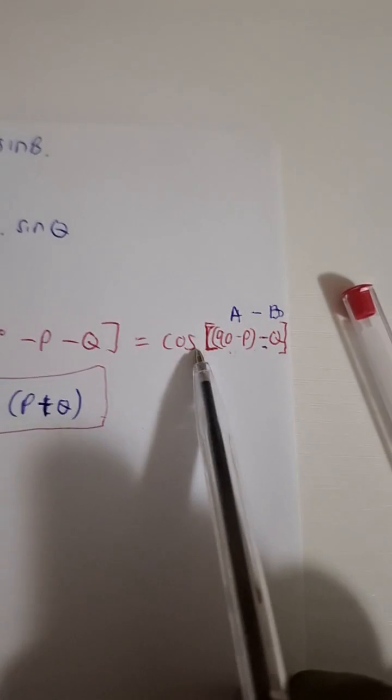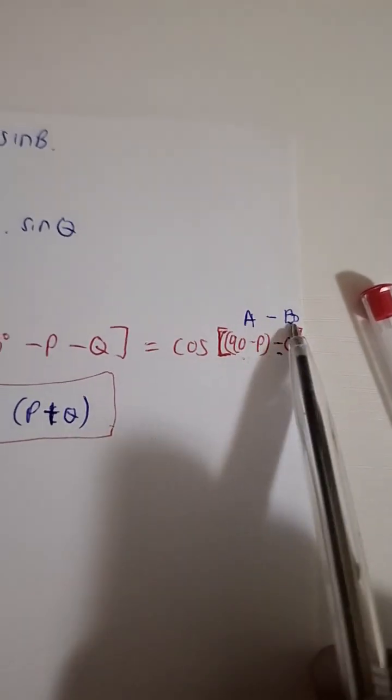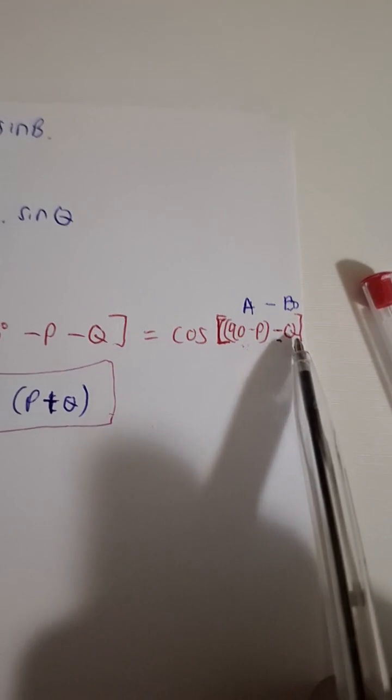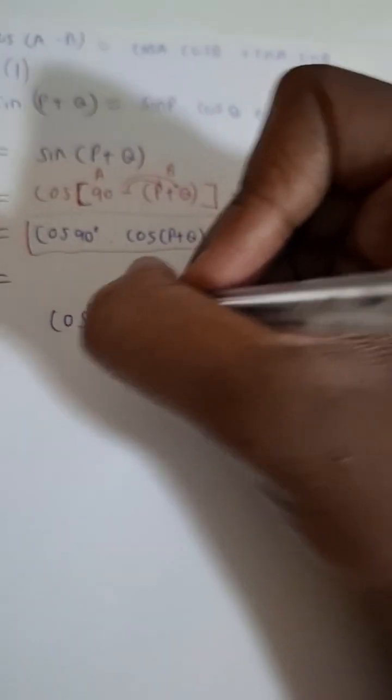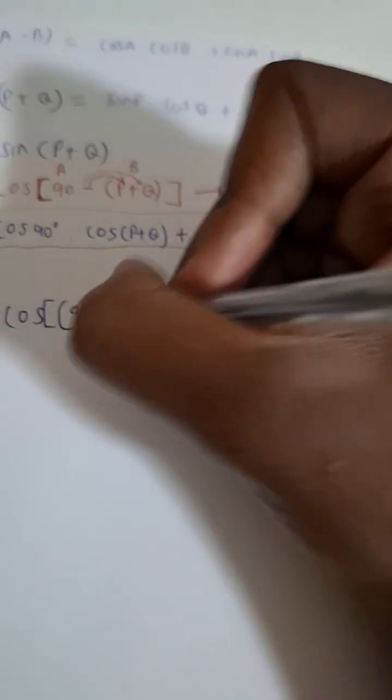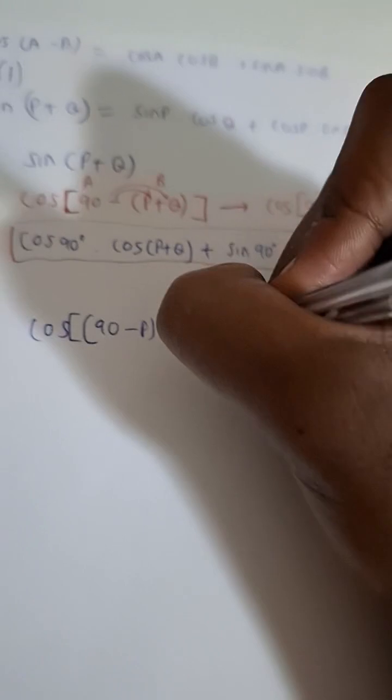So it's cos, the A is 90 minus P, the B is then the Q. So I'm obviously not going to utilize this now. I'm going to use this here, cos of 90 minus P minus the Q.